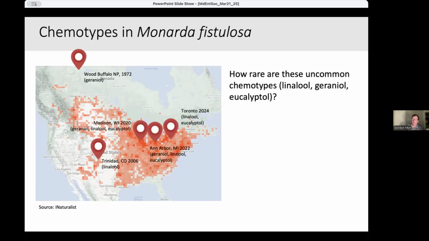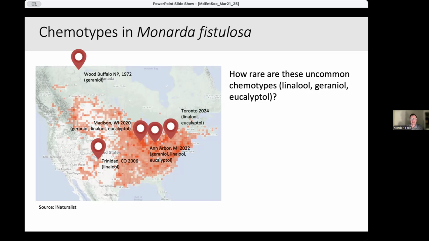And then in a pandemic, we had a lot of time to go out and smell Monarda plants. And so we've found quite a few more populations. So Ken also found these ones in Madison, Wisconsin. And then I was finishing up my PhD in Ann Arbor, Michigan, and found all of the same compounds there. And then have since moved on to Toronto, and we found similar compounds there.